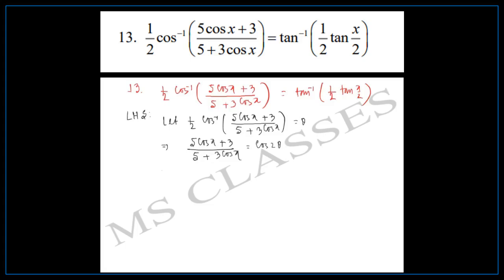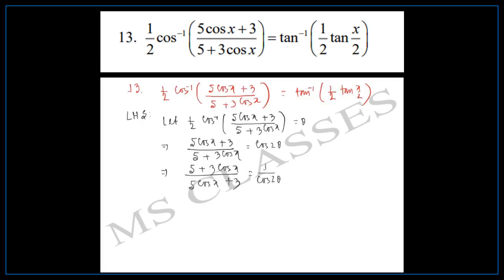Now we can write this as 5 plus 3 cos x by 5 cos x plus 3, just taking the reciprocal, equal to 1 by cos 2 theta. Because if we take the reciprocal, it is easy for us to apply componendo and dividendo and get that form.